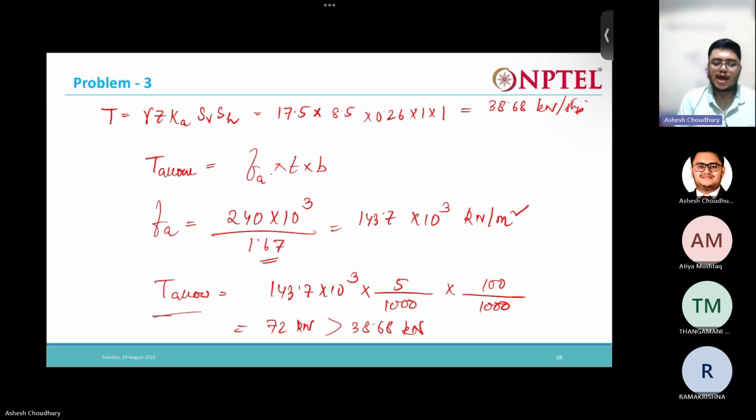This is the tensile strength of the reinforcement, and it is greater than the maximum tensile load that is coming on the reinforcement. So this is okay.